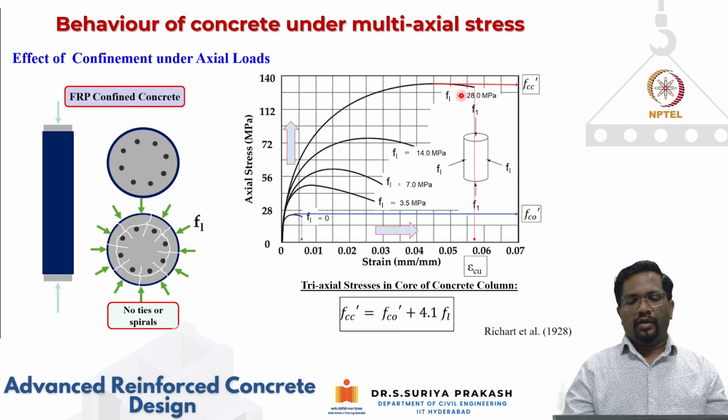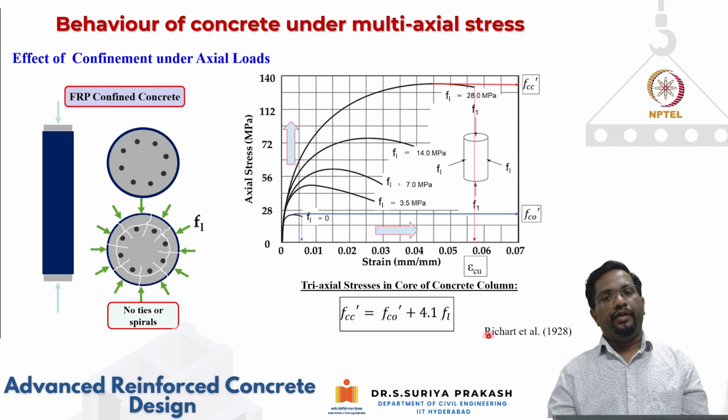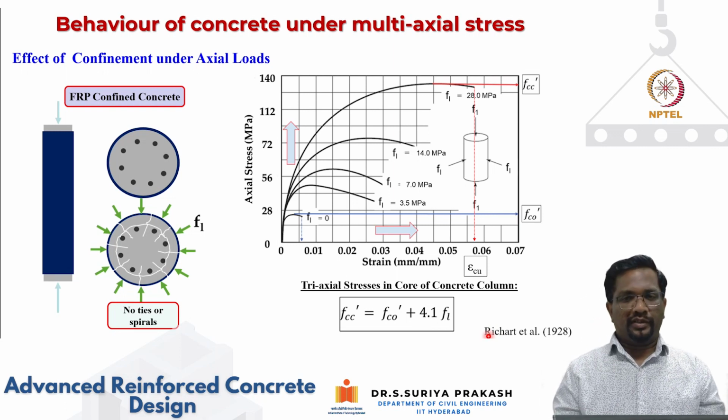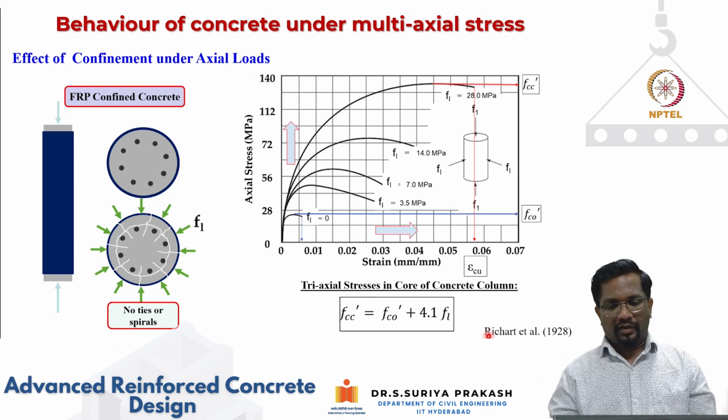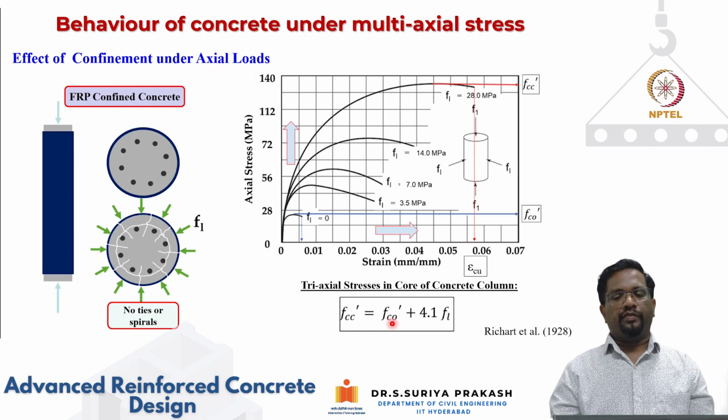And this f'cc is, when it is subjected to lateral confinement, how much the peak strength is. Richart, way back in 1928, did all this testing of cylinders under different confinement stress. He proposed a very simple and elegant equation which gives the confined strength as a function of the unconfined strength plus a function of the lateral confinement.